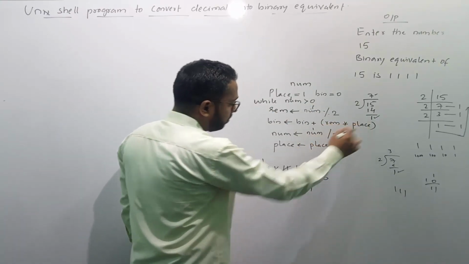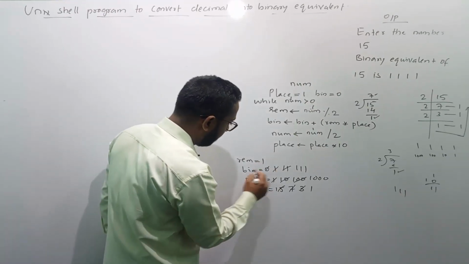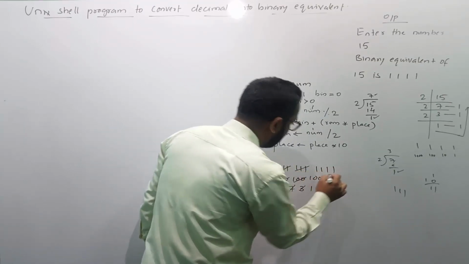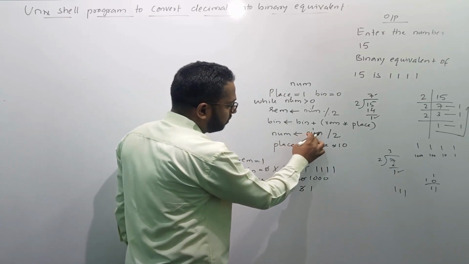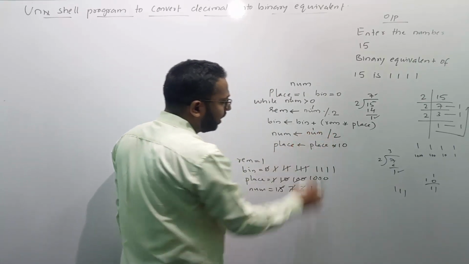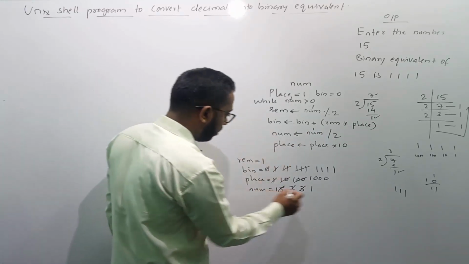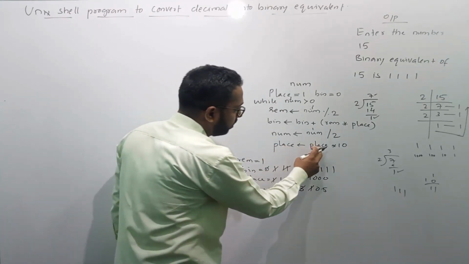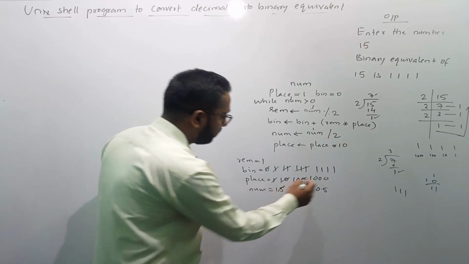Now 1 into place 1000 is 1000, plus binary 111, so we get 1111. Next, num is 1, 1 by 2 we get 0.5, so num now becomes 0.5. Place is 1000, 1000 into 10 we get 10,000.